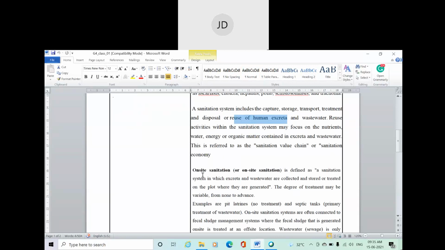So in the standard definition, now we're going to discuss on-site sanitation. On-site sanitation is defined as a sanitation system in which wastewater and human excreta are collected, stored, and treated on the plot, on the location where they are generated. The degree of treatment may vary from none to advanced.